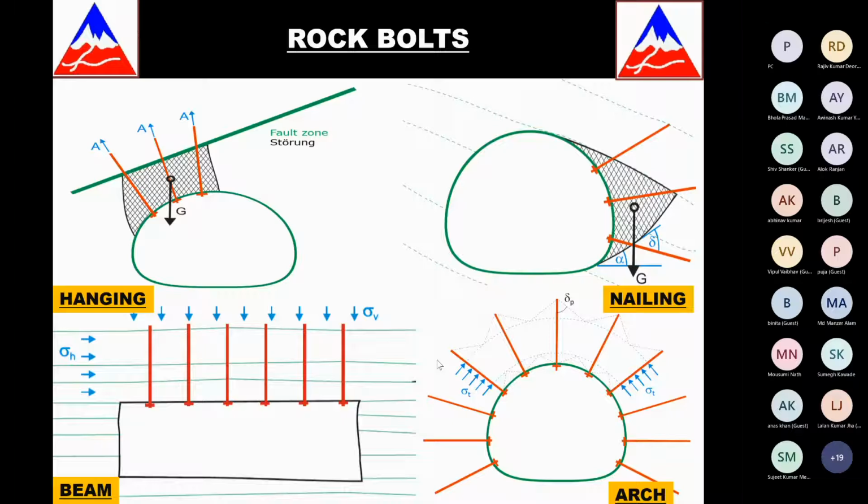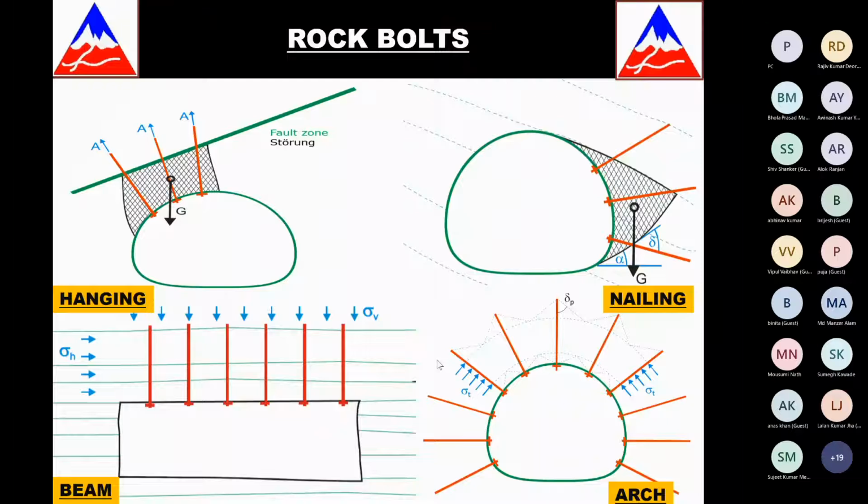Now, when we were talking about faults, it was very important to see the orientation of the fault. In this condition, top right, if the rock bolts were on the opposite side, they would be almost parallel to fault planes and they would not do any nailing or stitching.